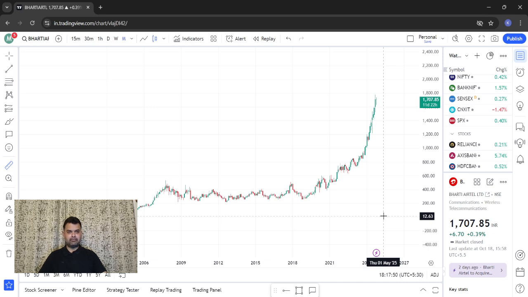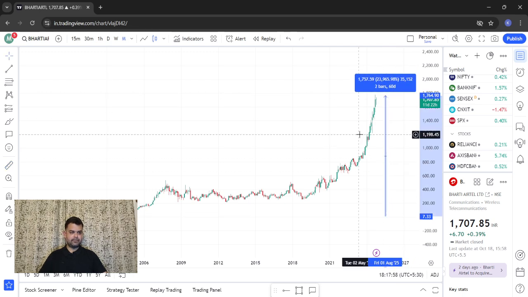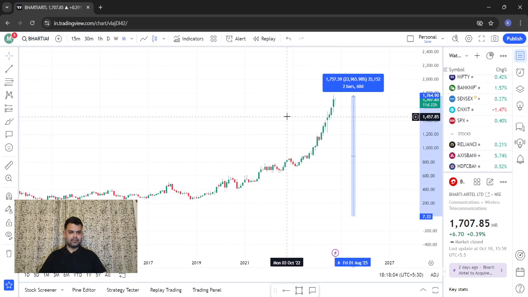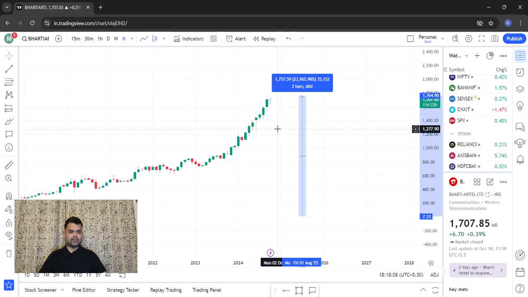If one would have invested in Airtel and stayed invested for such long durations, it has gone up by 23,965%.